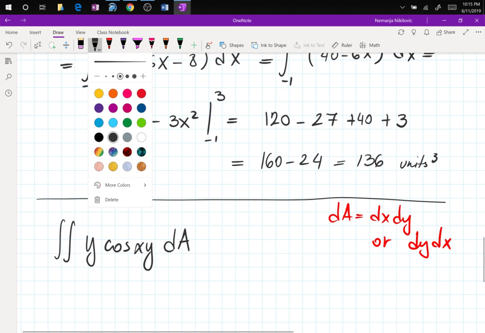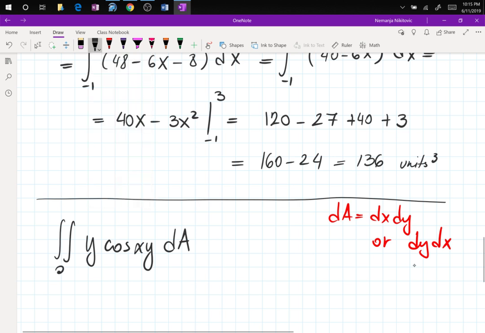And they also give you that this is over region R, and the region R is given as all of the points x, y, such that x is in between 0 and 1, and y is in between 0 and pi over 3.